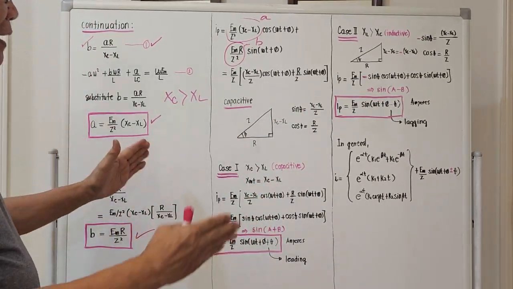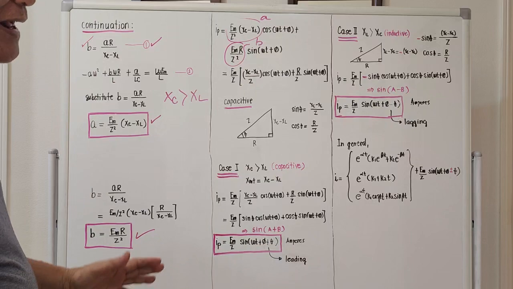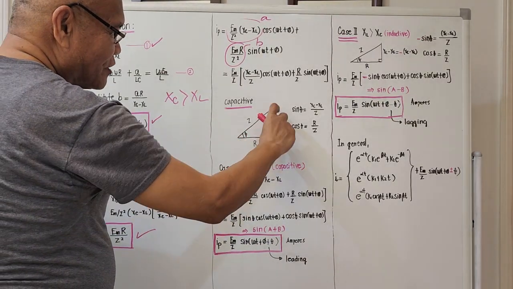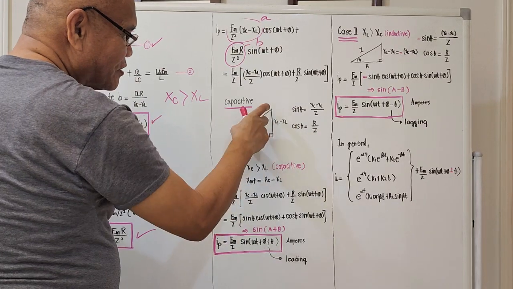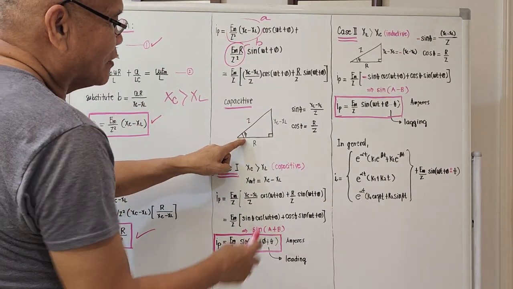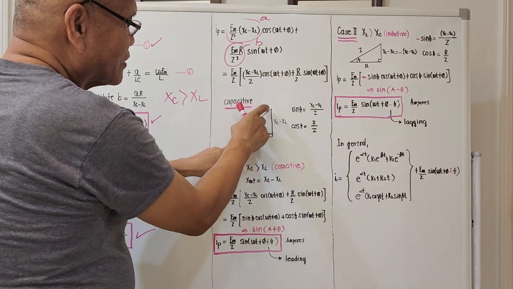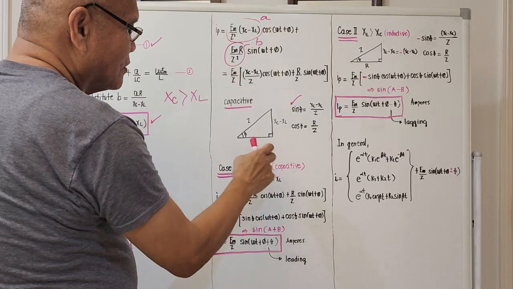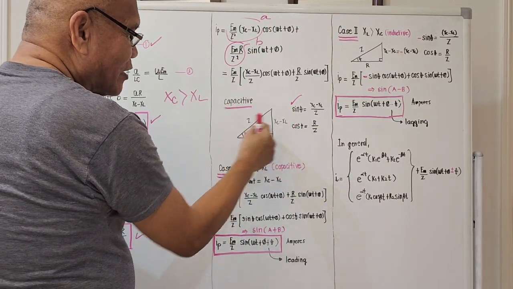And if we try to bring out the vector diagram of the impedance, this is the resistance, this is the net reactance, this is the impedance. And then here, the sine of angle theta will be this side here over Z. And the ratio R over Z is actually the cosine of this angle.